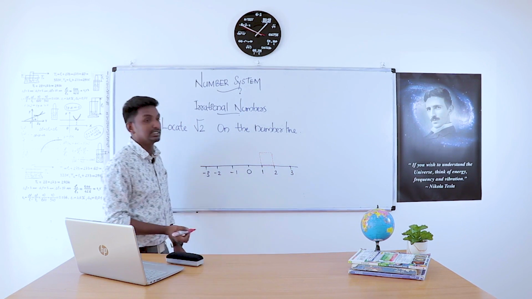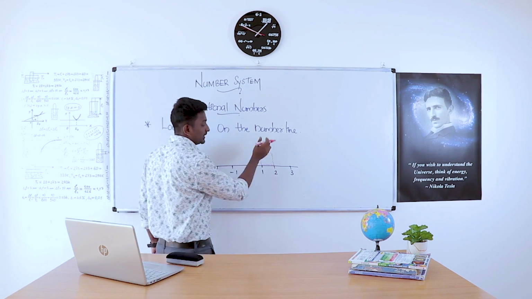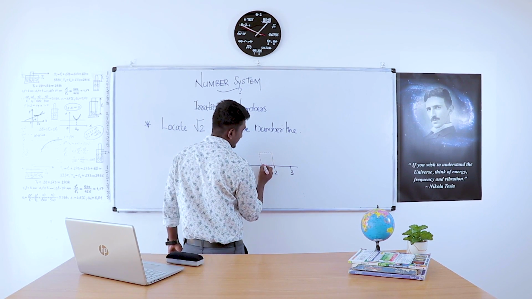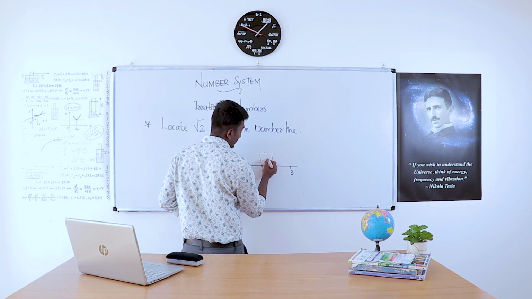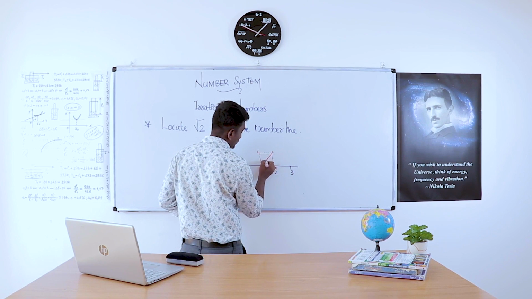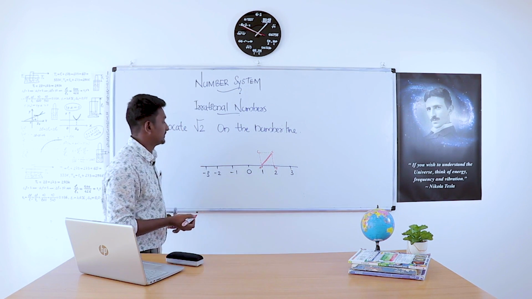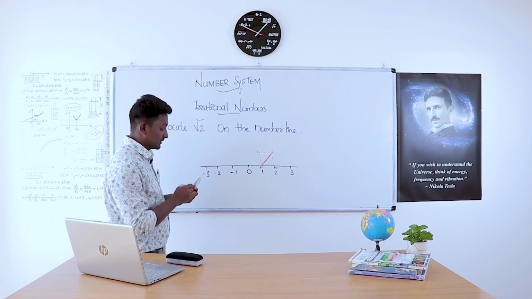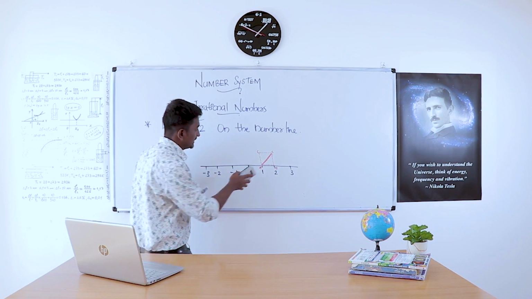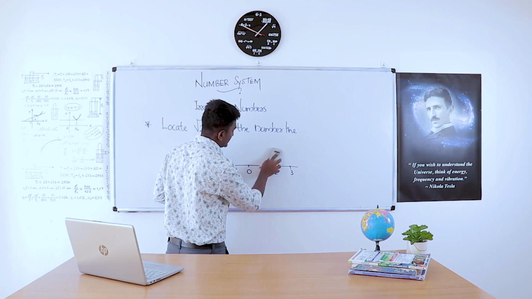This is our unit square having unit length and breadth. Now we have to draw the diagonal of the unit square, naming it A, B, C and D. Now this is the length of root 2. We already know that. Now how will you locate this on the number line? One more thing, you can easily draw it from 0 to 1. That's simple.